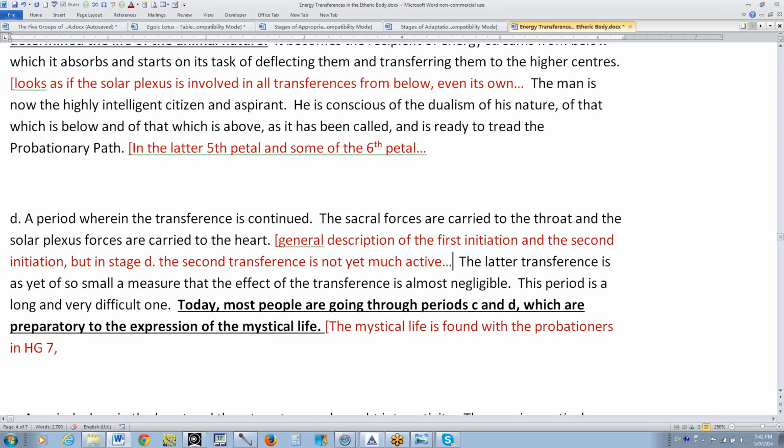Now that's really completed at the first degree, but they are becoming more creative as members of the 6th soul group of thinkers. Now when we start to transfer sacral to the throat, we do get that kind of creativity coming in, and then when we become the mystic, finally, we're on the probationary path. And what was happening here at group number C? Let's see.